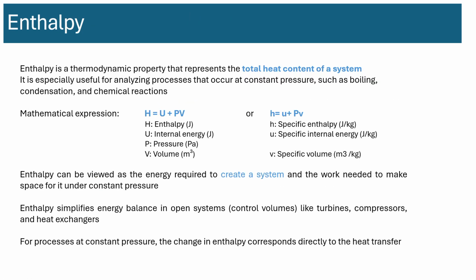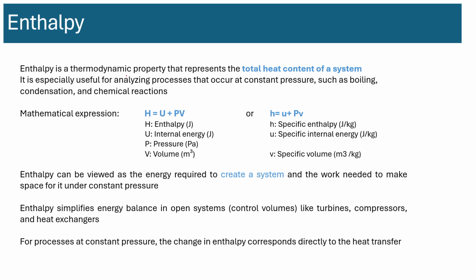The next concept to know, once we have learned about the first law and internal energy, is enthalpy. It's hard to describe enthalpy as a property, because internal energy is easy to explain. It's the sum of kinetic energy and potential energy of the molecules.